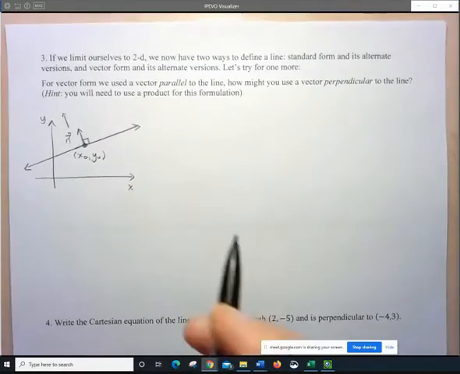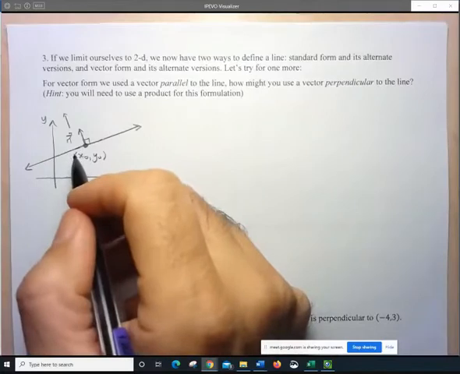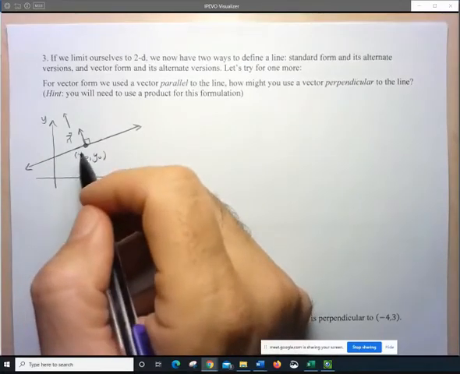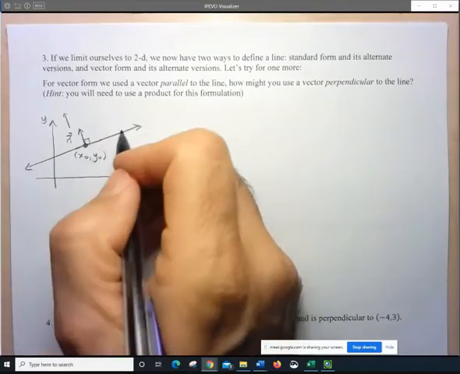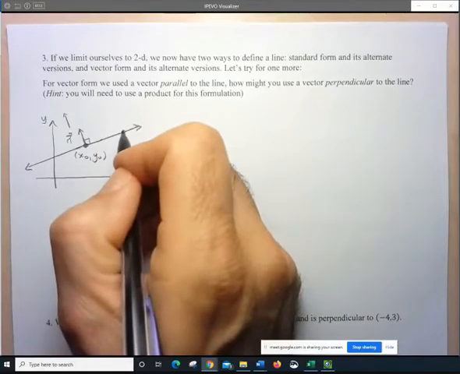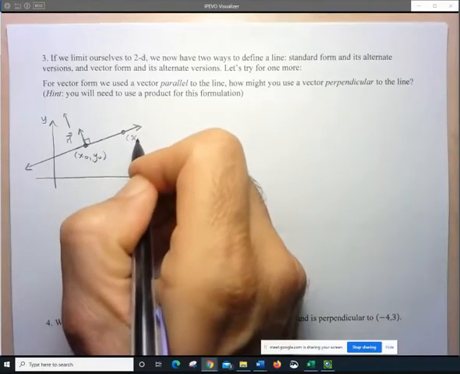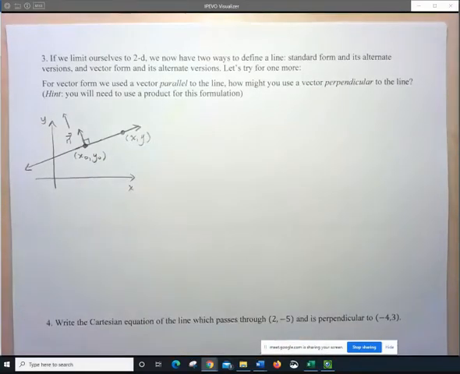Let me give you a hint. Presumably, our equation that we come up with is going to involve some random point on the line that we're going to call xy.